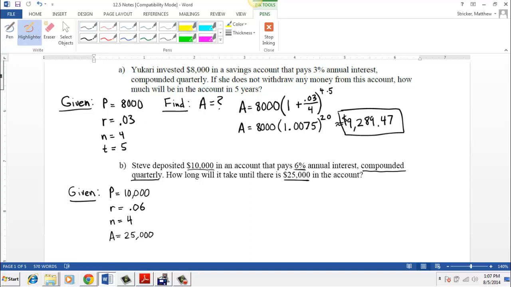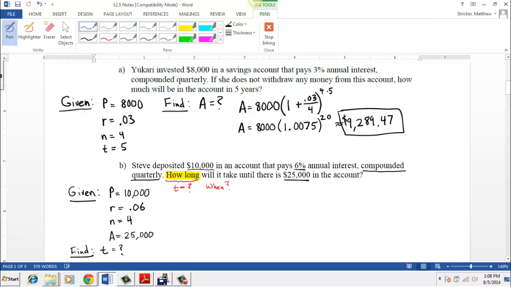Hopefully you say T, because when you see how long, that's saying what is T equal to. Other phrases like how long are things like when, or you might even include the word after how many years. So just keep that in mind as you're moving forward. The thing we're trying to find is that fifth variable, T.